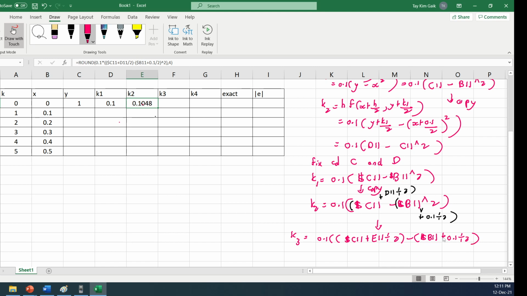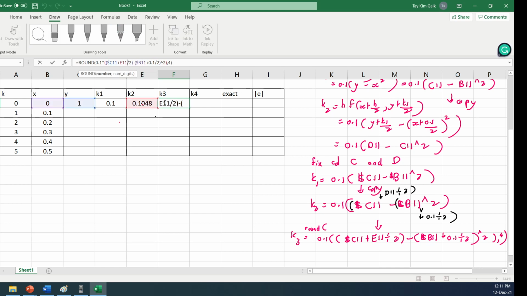For K3, X same with the K2, so no need to do anything. This bracket, you put outside round here, then comma 4 like this. So with this technique, you copy K3 formula is automatically correct.